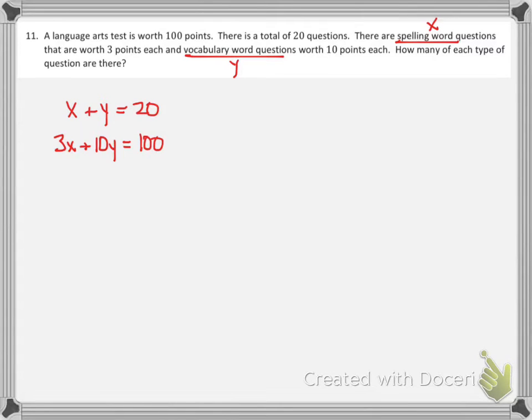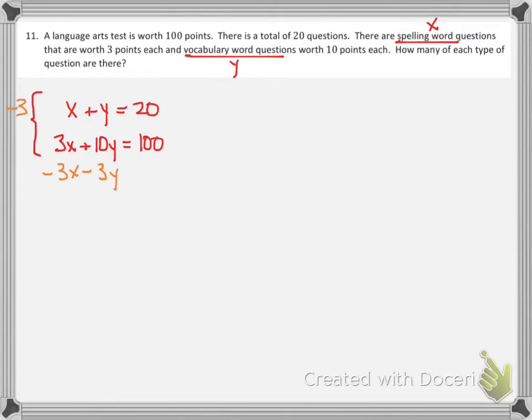So now that is my system, and I can solve this system of equations in a few different ways. But I guess elimination looks good. Let's multiply through the top by a -3 so we can eliminate the x. So we're going to multiply the top by a -3. That gives me a -3x. -3 times y is a -3y.